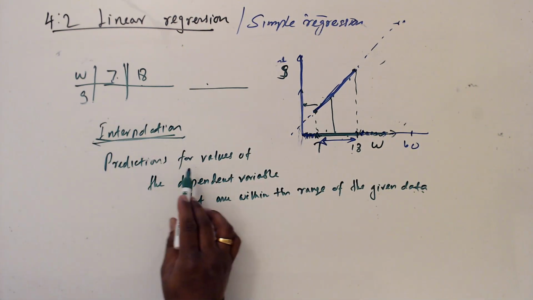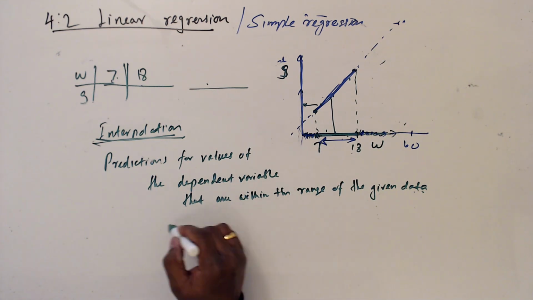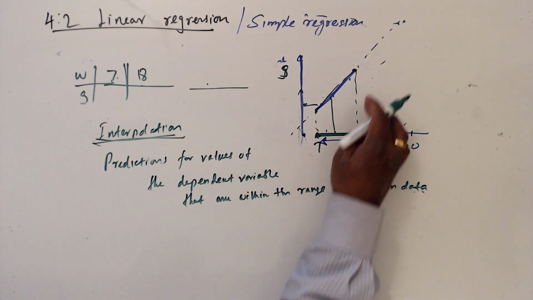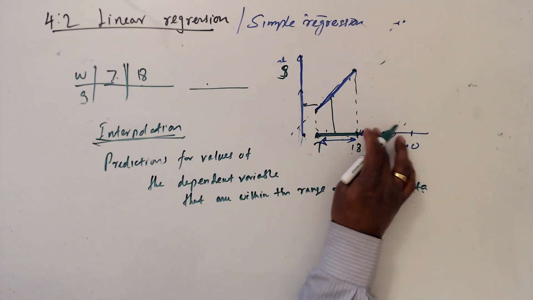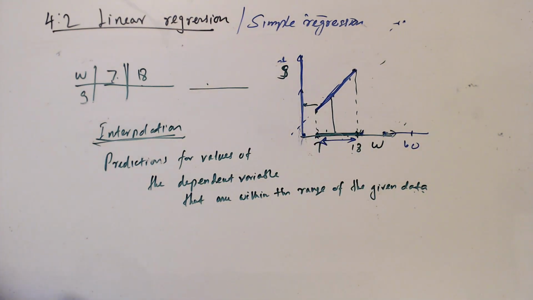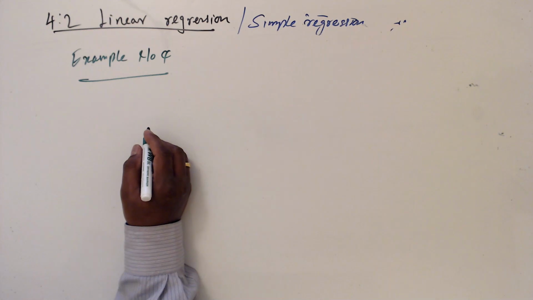Interpolation is the prediction for values of the dependent variable that are within the range of the given data. So they are not possible on this side. Now we'll discuss example number 4.